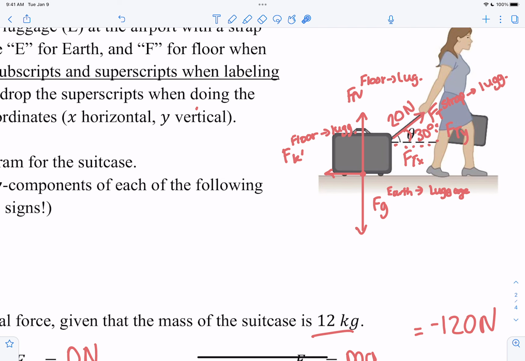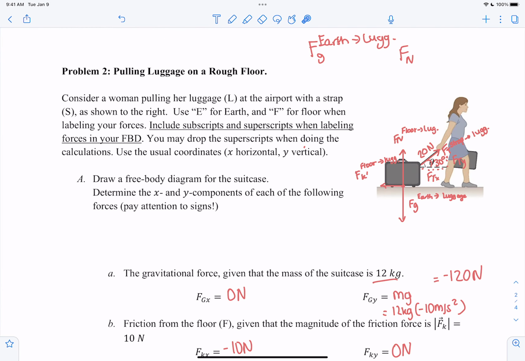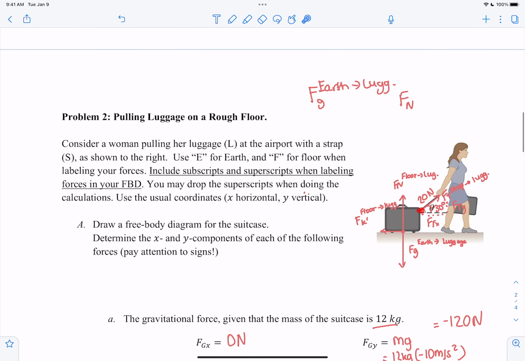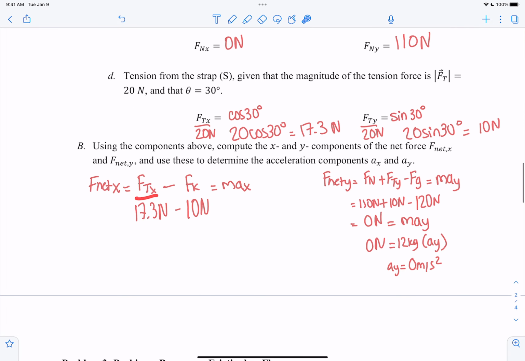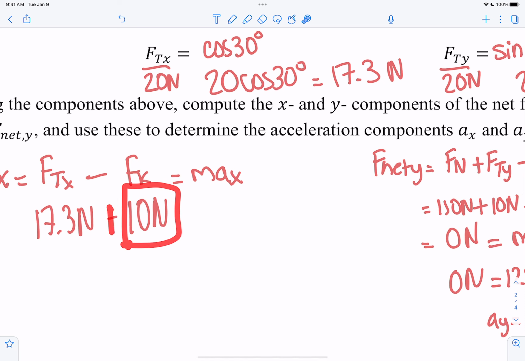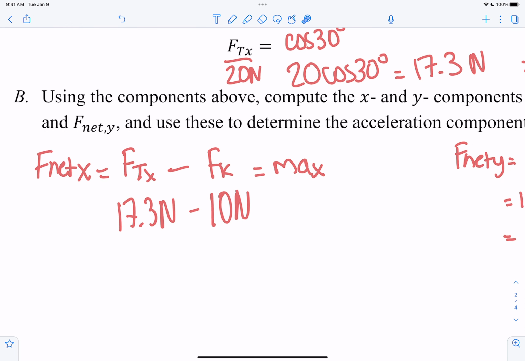So if this FTX is for sure positive, then I have to subtract FK from the FTX. So this has to be minus 10 newtons and can't be plus. Can't add them together. They have to oppose each other. So that's another way of reasoning and using your intuition to solve these problems.